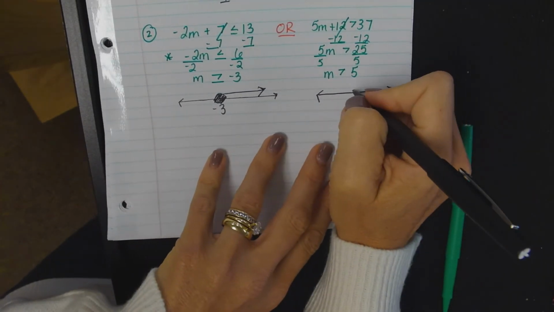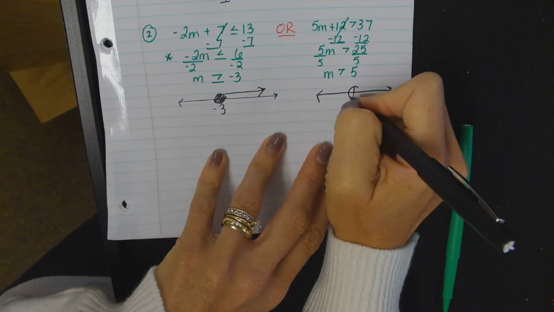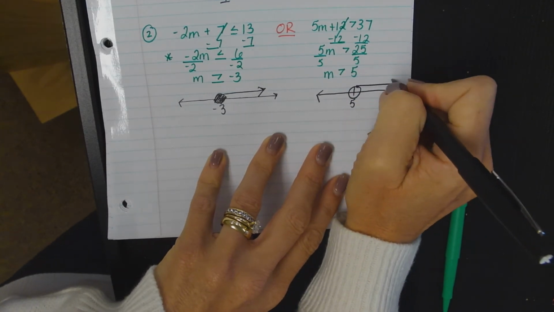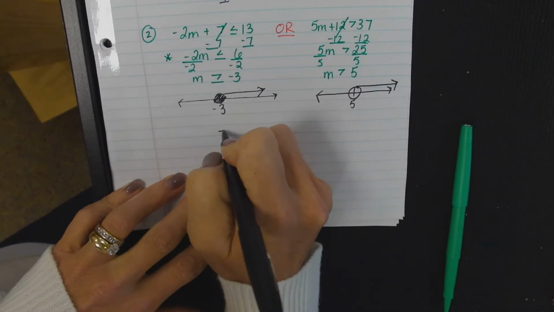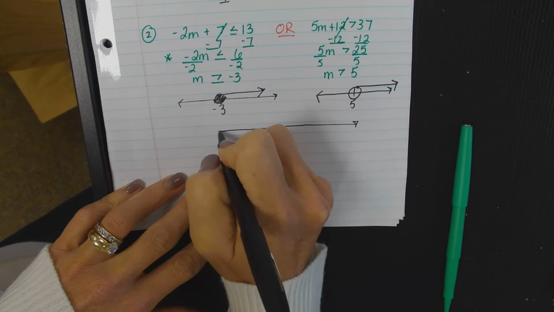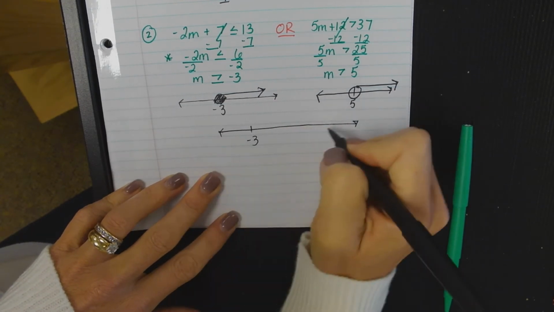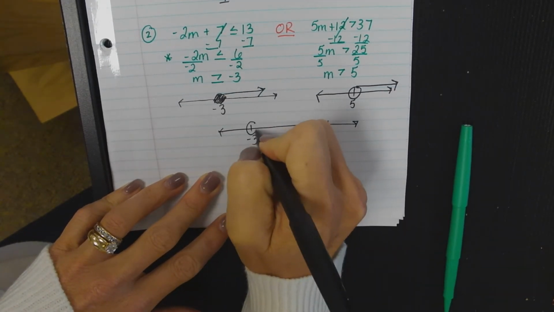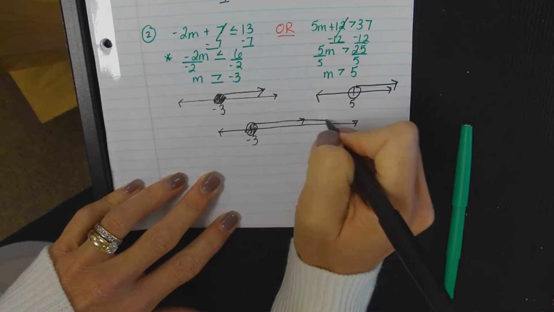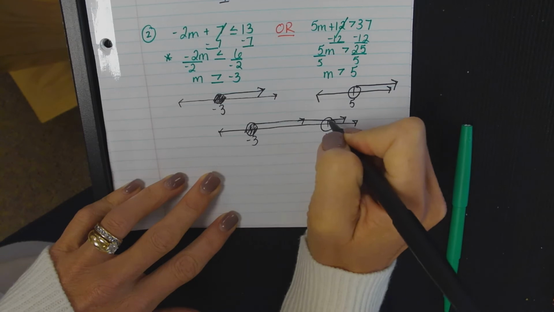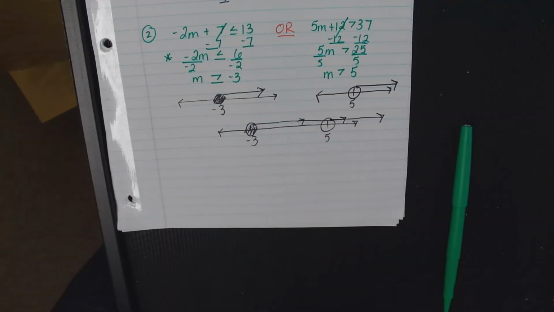So here is our 5, open circle, and again, we're going to the right. This graph is weird. Kind of wish I didn't do this one, to be honest. There's an overlap here, so I'm going to add these graphs together. You have negative 3 and 5. Here's this graph, closed circle, going to the right. You see how they overlap?